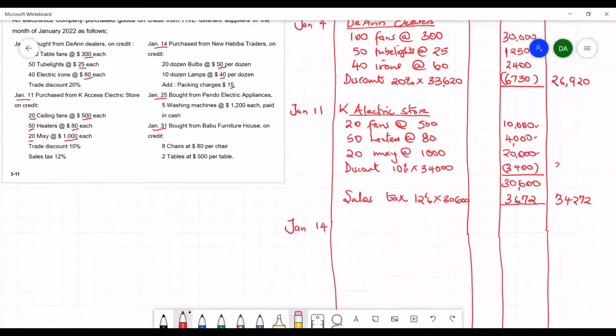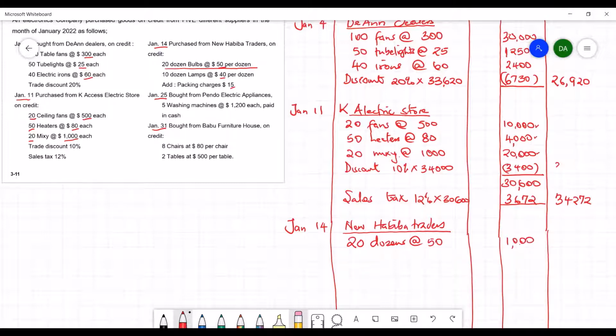On January 14, the company bought 20 dozens of bulbs at 50 per dozen. These were purchased on credit from New Habiba Traders. There were credit purchases and therefore recorded here. 20 dozens at 50 each per dozen is equal to 1,000.